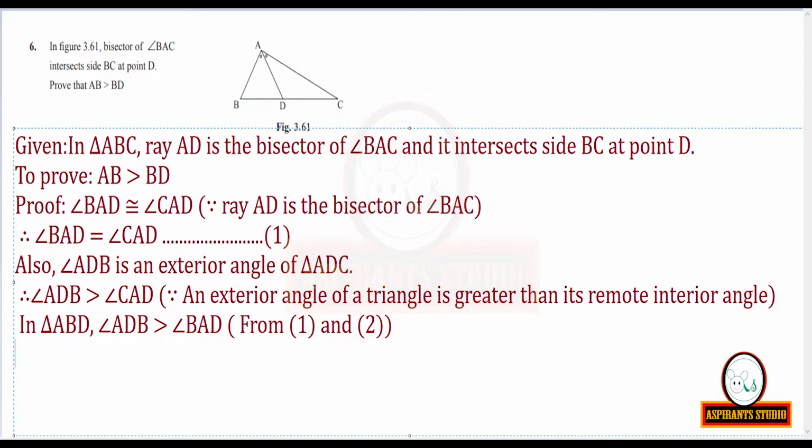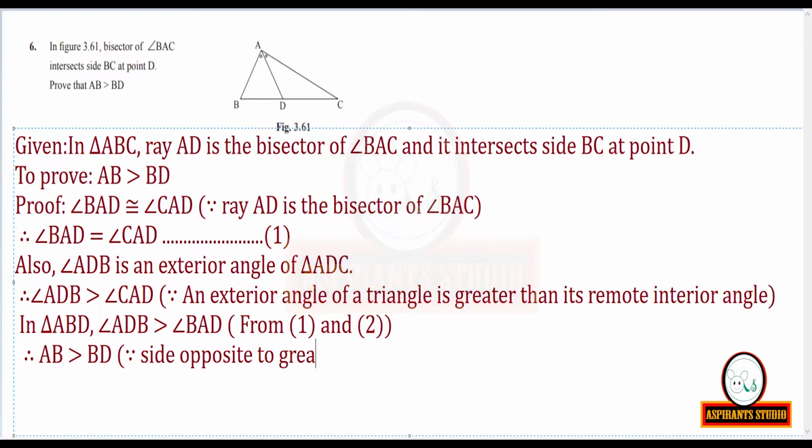Now you all know that the side opposite to the greater angle is greater. When a triangle is having two unequal angles, the side opposite to the greater angle is greater.